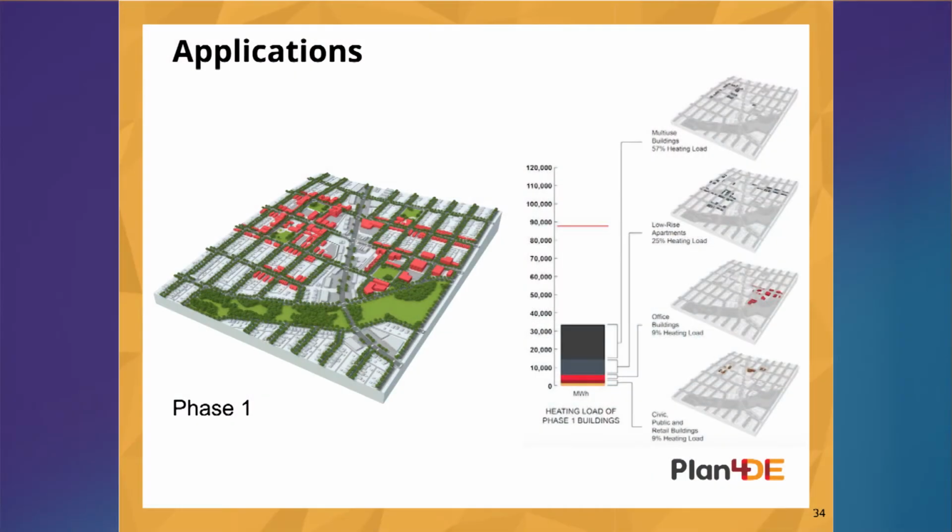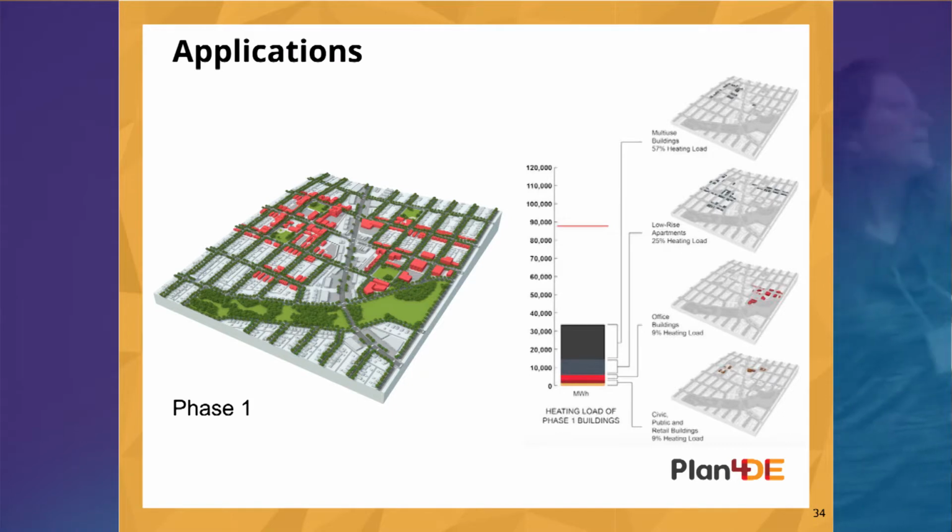So we did do a test run as a final part of the project. This was done by our partner company, GGLO, and they put together a hypothetical neighborhood with a hypothetical two-phase plan in place. This is showing the first inputs of the different building types that went into the Plan4DE model.